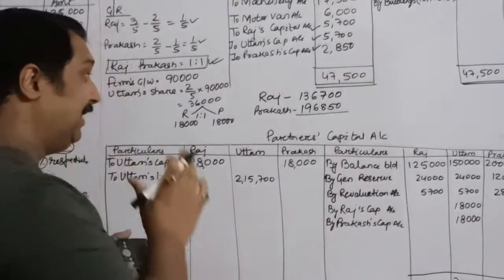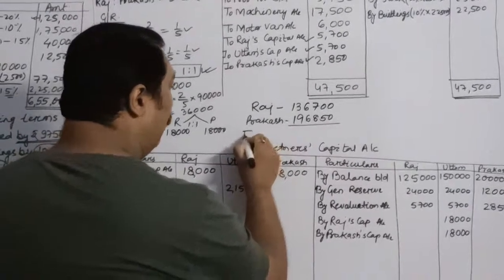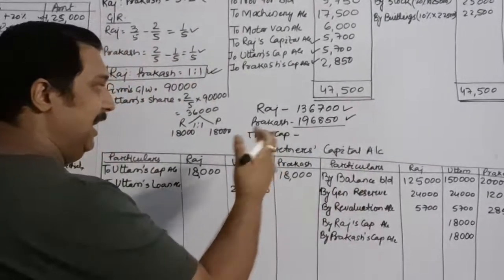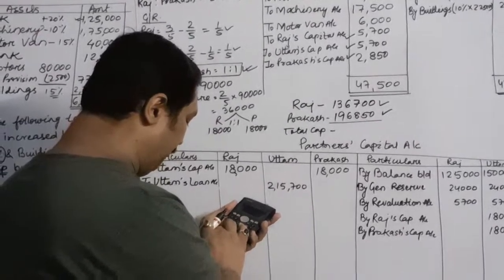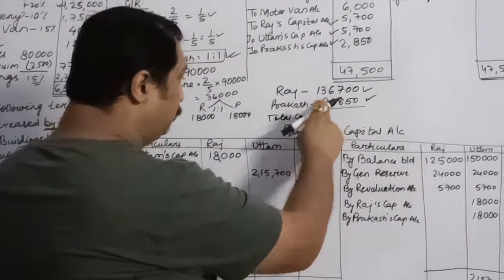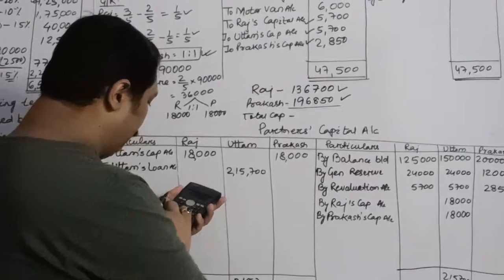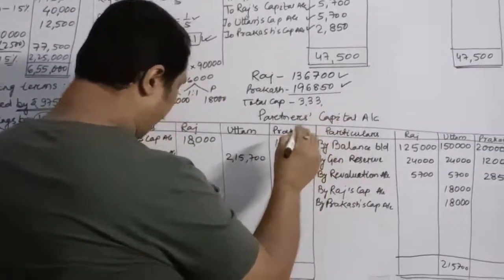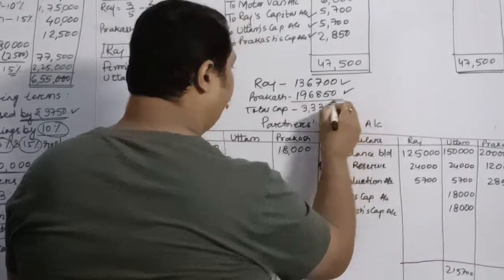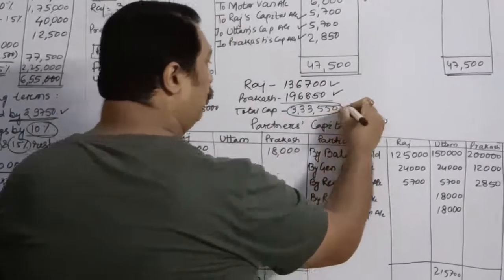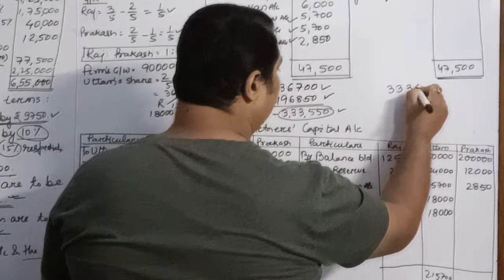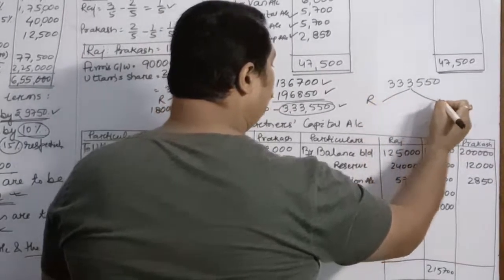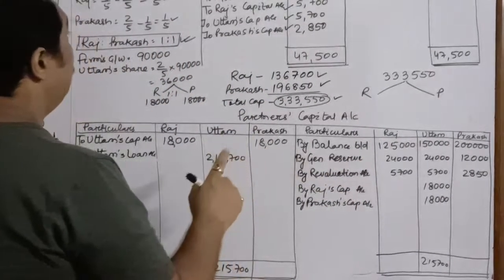The second step was to calculate the total capital. How will you calculate the total capital? You will add these two adjusted capitals. So how much will be the total now? Your total capital is 3,33,550. Now children, this total capital 3,33,550 will be distributed between Raj and Prakash in the new ratio.